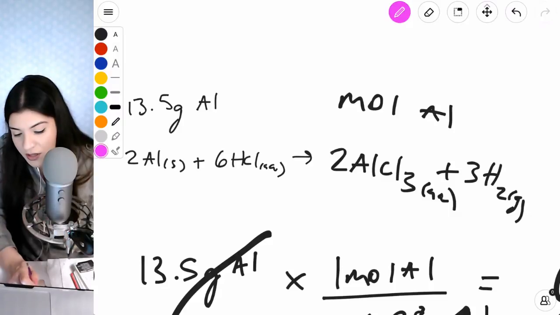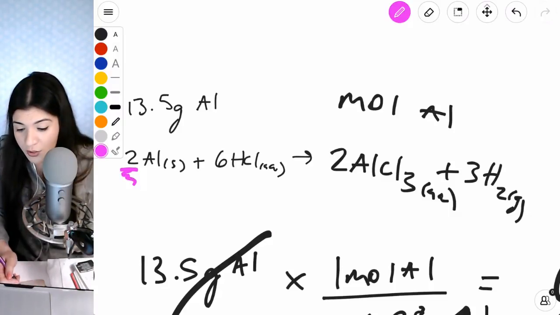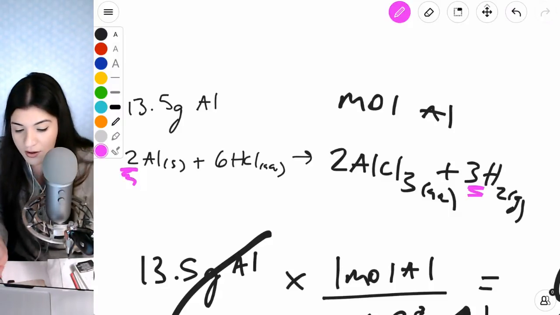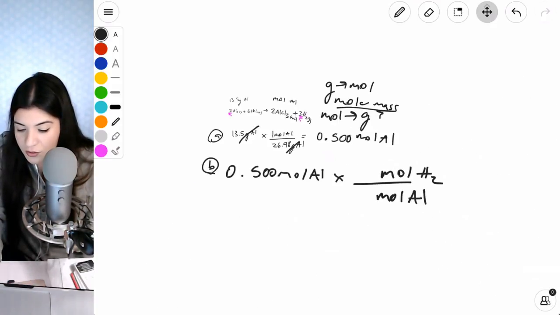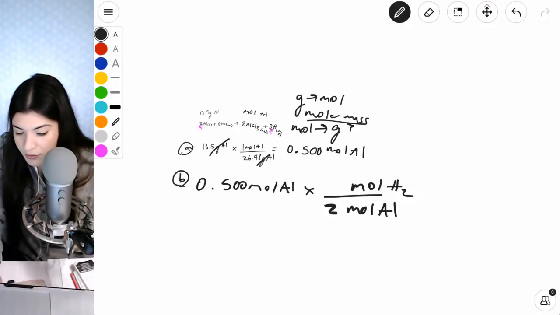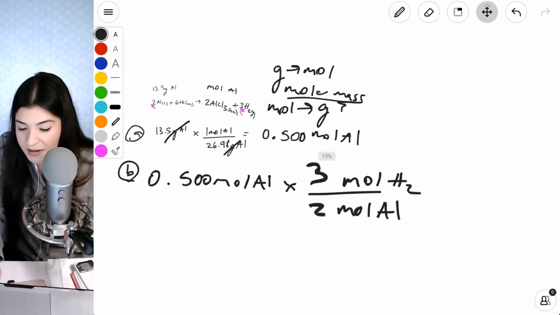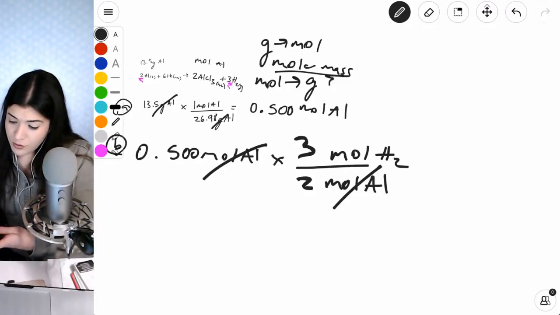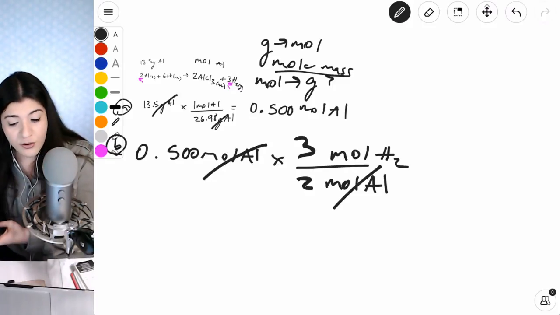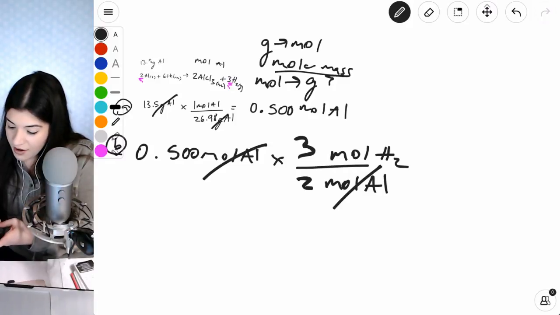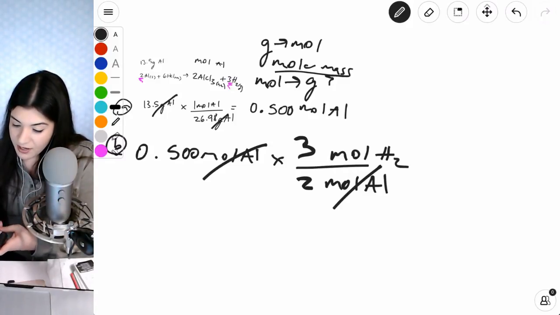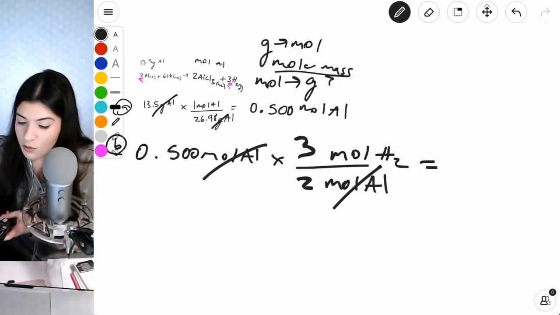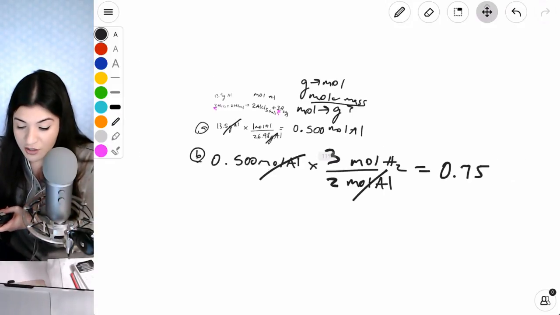Looking at the balanced equation, there are 2 moles of aluminum per every 3 moles of H2. That's what I'm going to place here. So we have 2 moles per every 3 moles of H2, and our moles of aluminum cancel, and we're left with moles of H2. So all I have to do is multiply straight across. Multiplying the 0.5 times the 3 and dividing by 2 gives us 0.75 moles of H2.